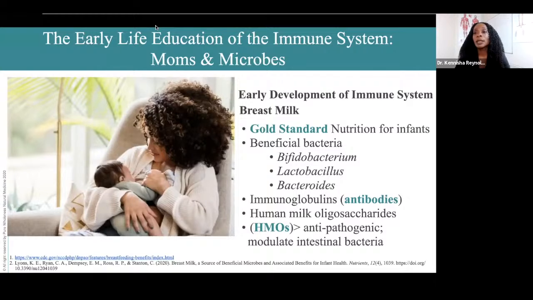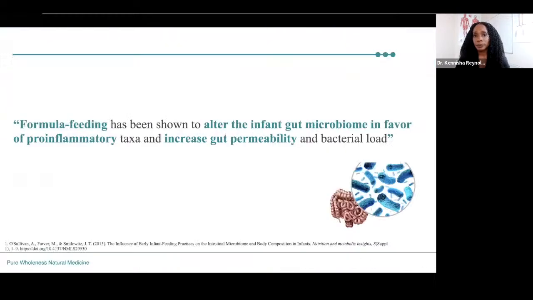Human milk oligosaccharides are very, very potent constituents that have antipathogenic properties, modulating the intestinal bacteria. And this is one of the reasons why breastfeeding is extremely important when baby is born.